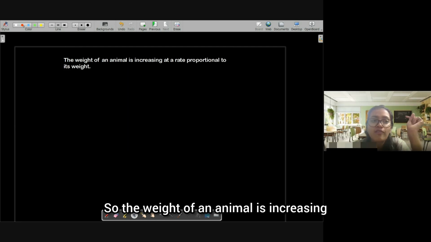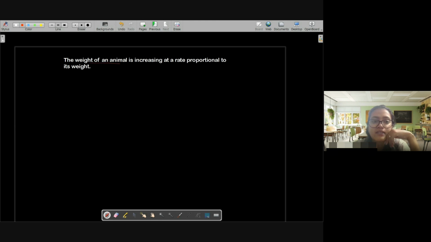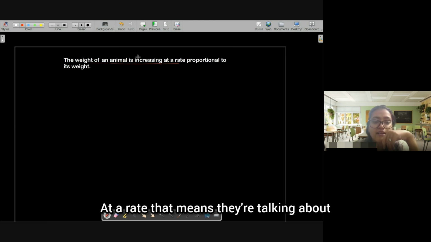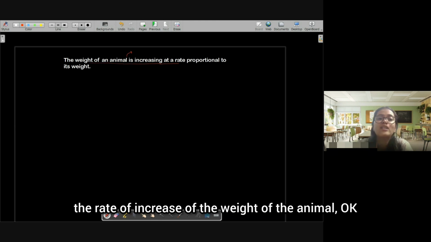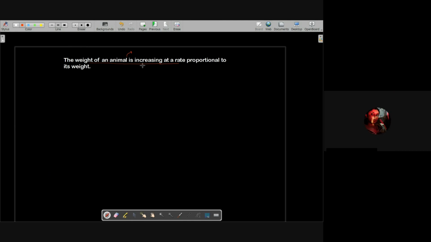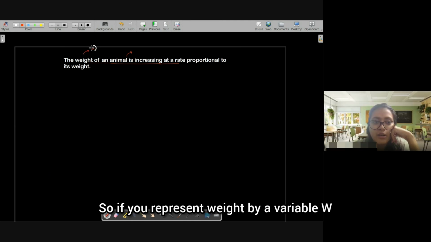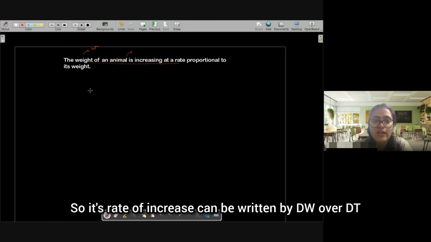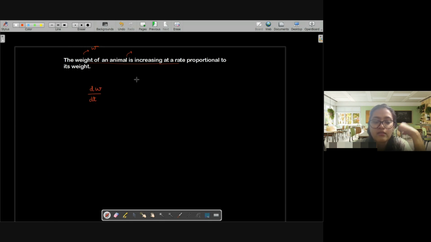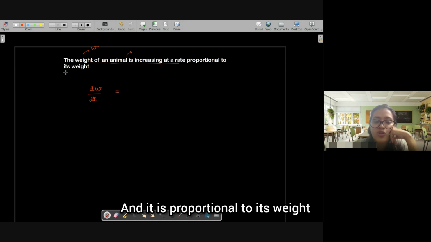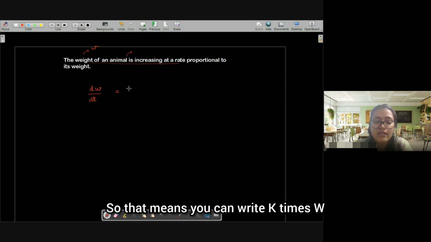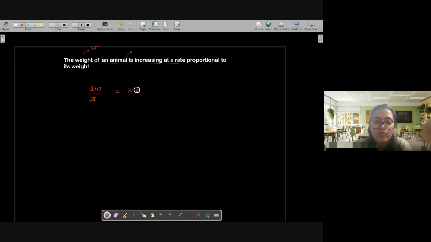That means they're talking about the rate of increase of the weight of the animal. If you represent weight by a variable w, its rate of increase can be written as dw over dt, and it is proportional to its weight, so you can write k times w.